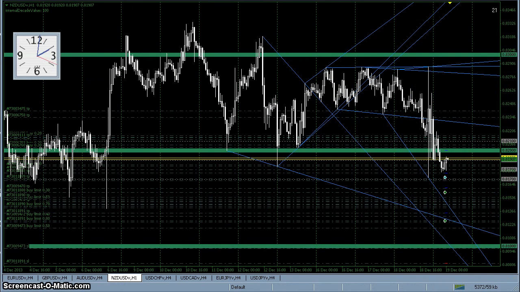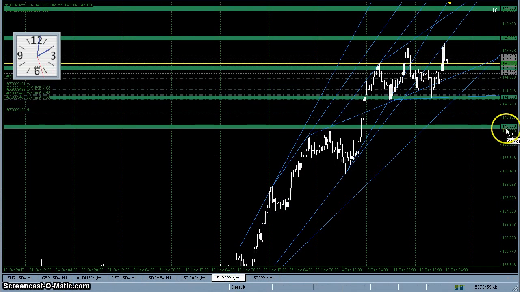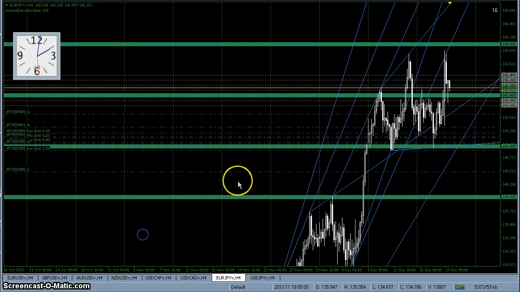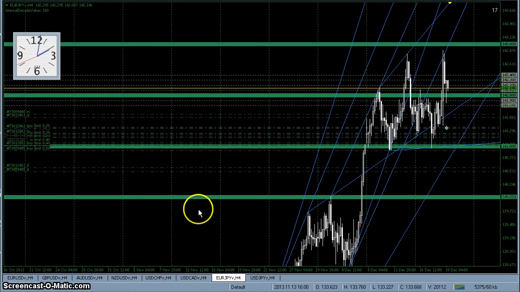Same thing, New Zealand dollar went on sale pretty good there. And then there's this coming back to, hopefully it's going to come back down, hit these tickets, and putting some 80 pip deep buys in here.